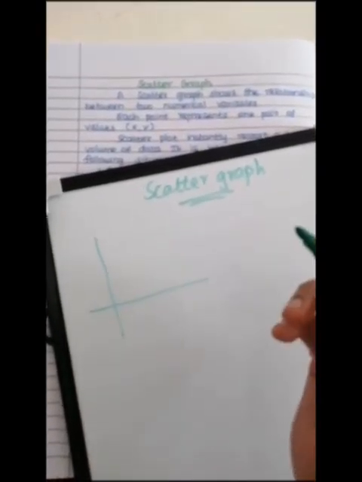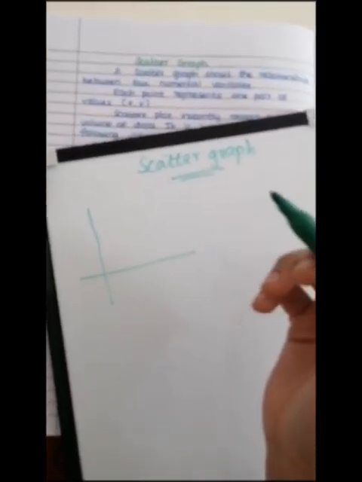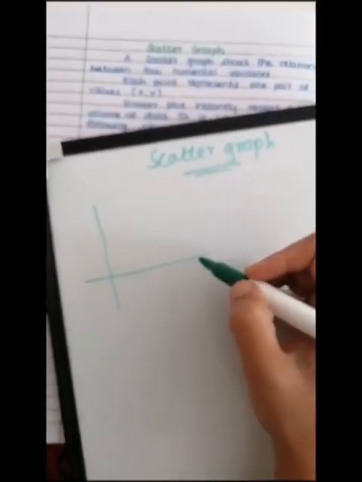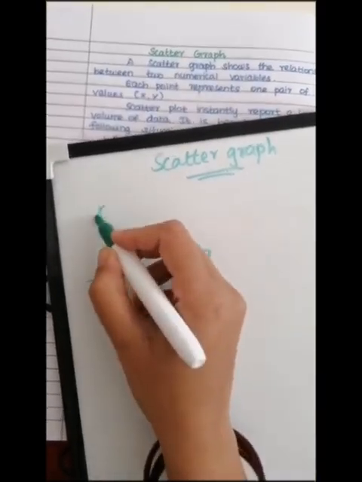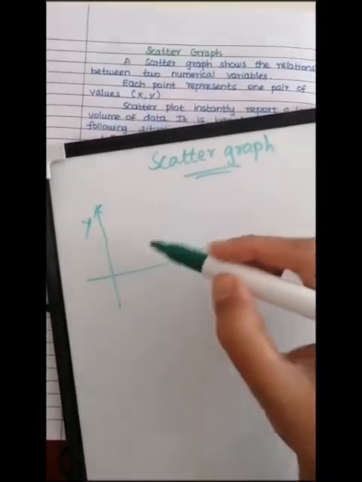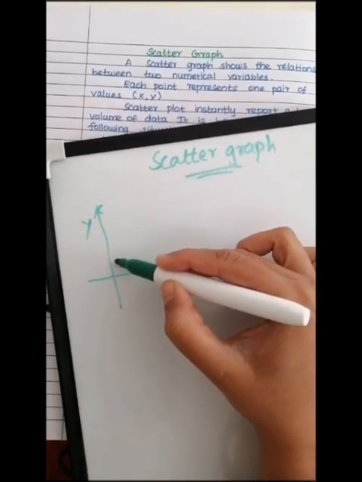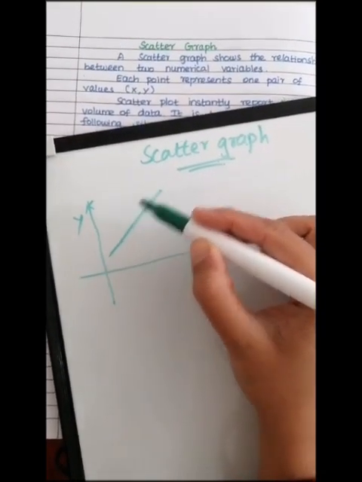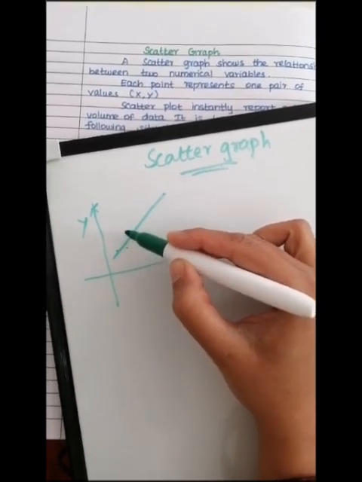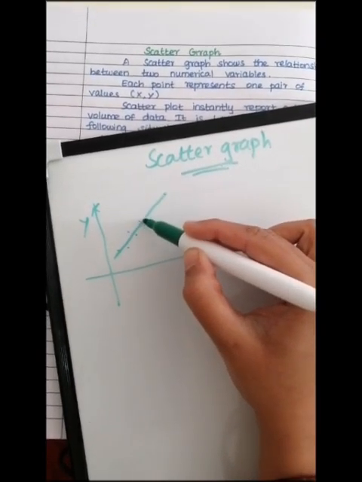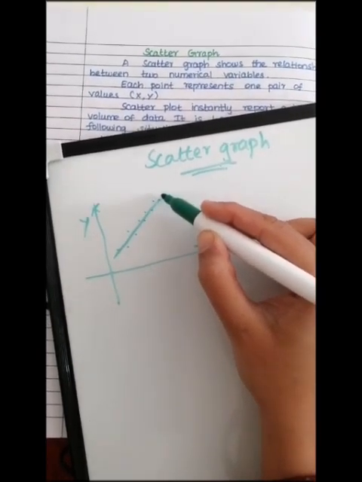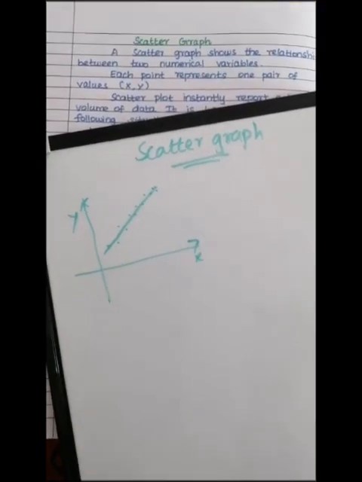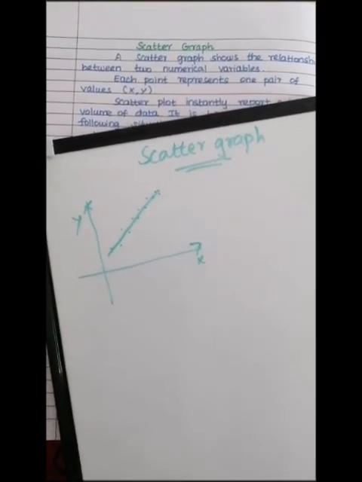For example, we plot the graph with x and y. Here the line is going upward and the points follow it closely. This is a strong positive correlation.